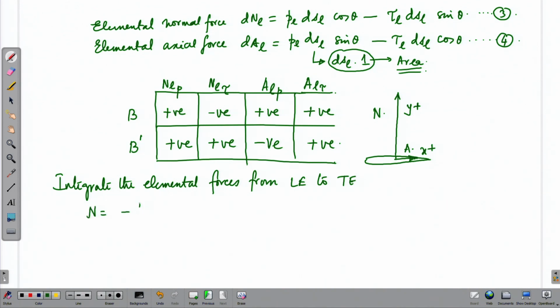So, we can write an expression now for the normal force that takes care of both the upper surface as well as lower surface contributions.